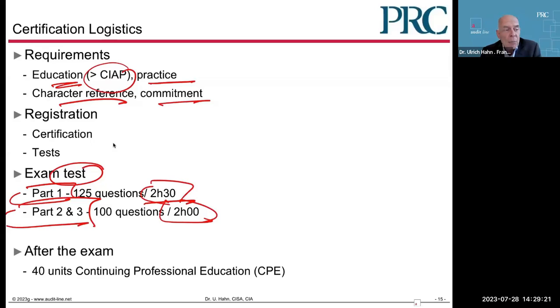What I have been told from participants in the exams recently is that the questions are a little bit longer than in earlier times. So a lot of people struggled with the time. They said it's not really that the questions are so complicated, it's just a lot of reading. So that is something you should keep in mind.